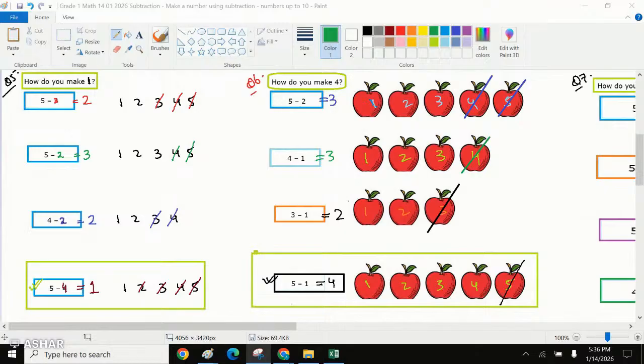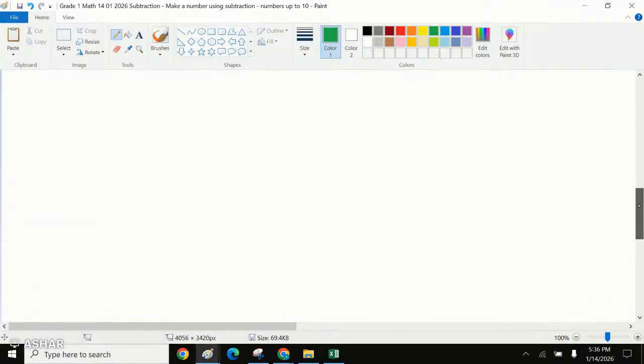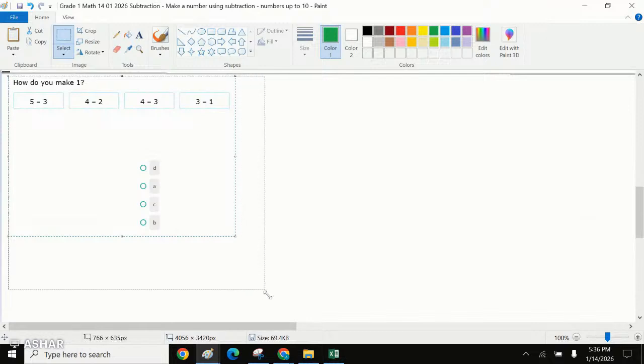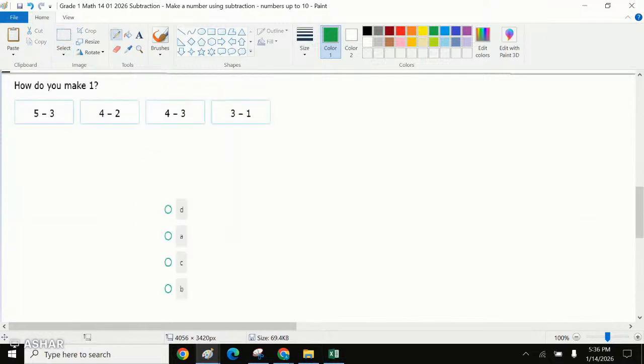We would try to find which option would give us the answer. So question number 2 from the test states, how do you make a 1? If these options are given. In this case, this is option A, this is option B, this is option C, and this is option D.